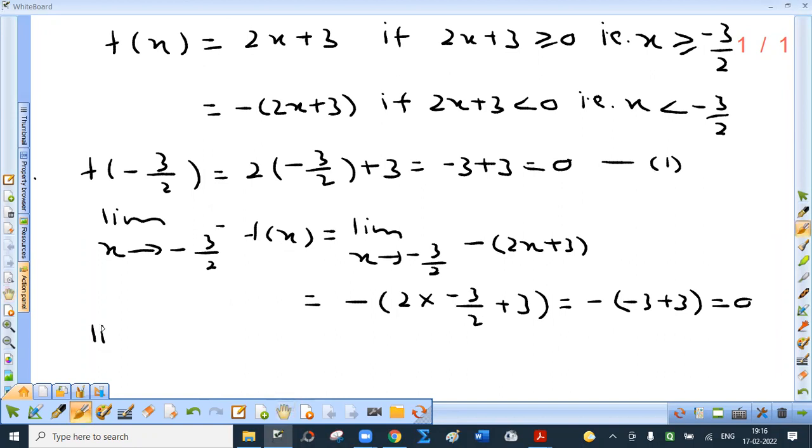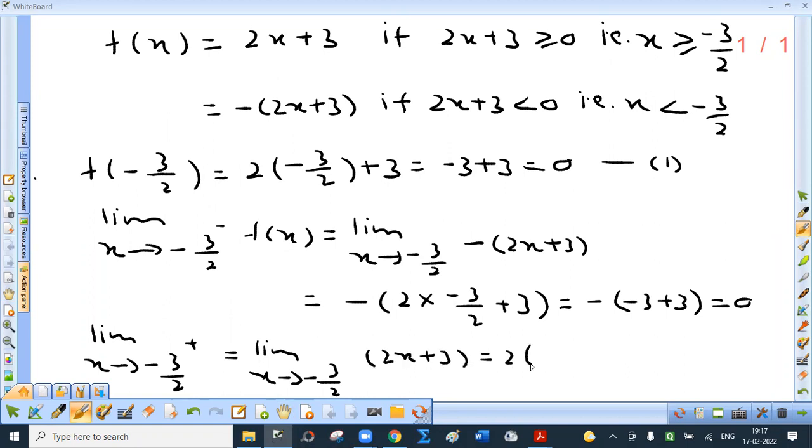Same is right hand limit. Limit as x tends to minus 3 by 2 plus means greater than minus 3 by 2. So for that, it is 2x plus 3. So 2 into minus 3 by 2 plus 3, that is 0.